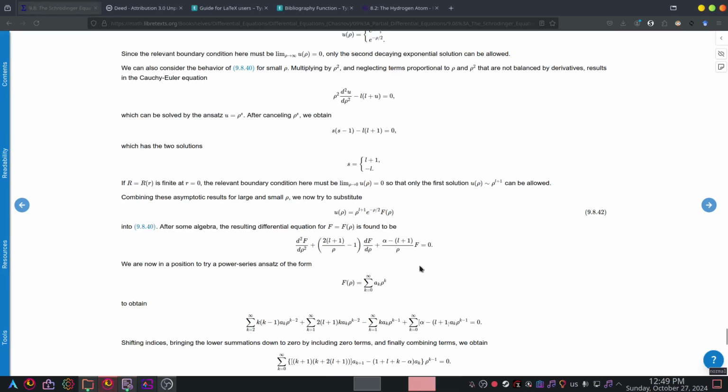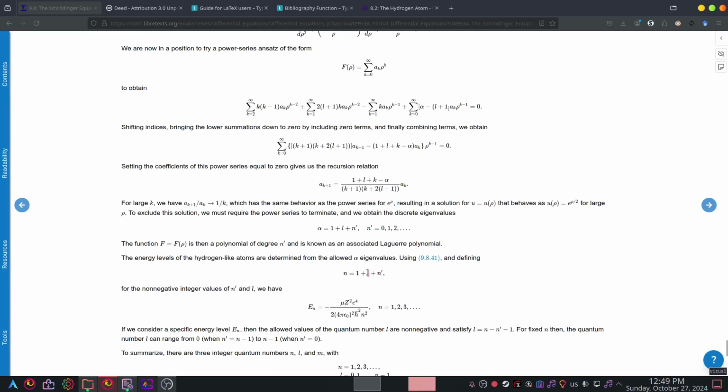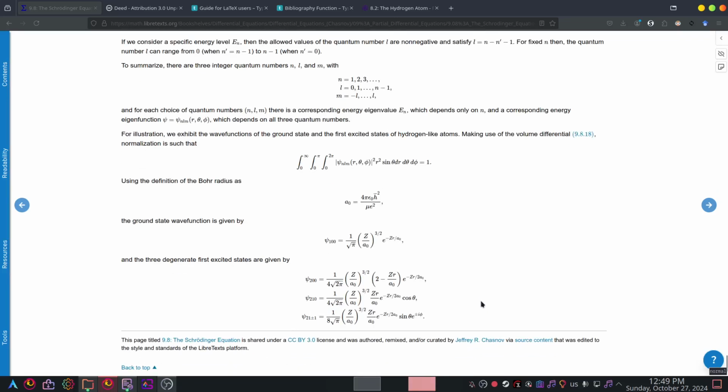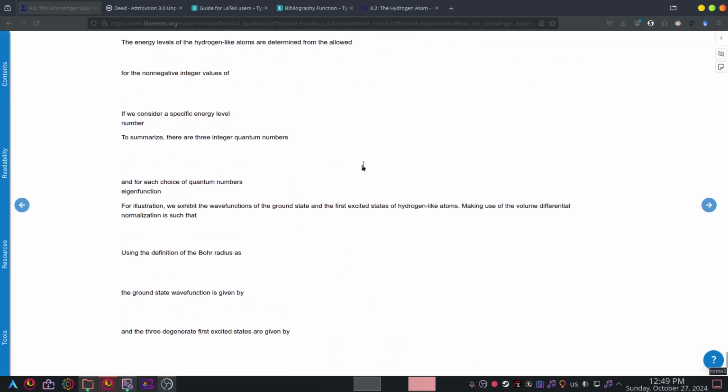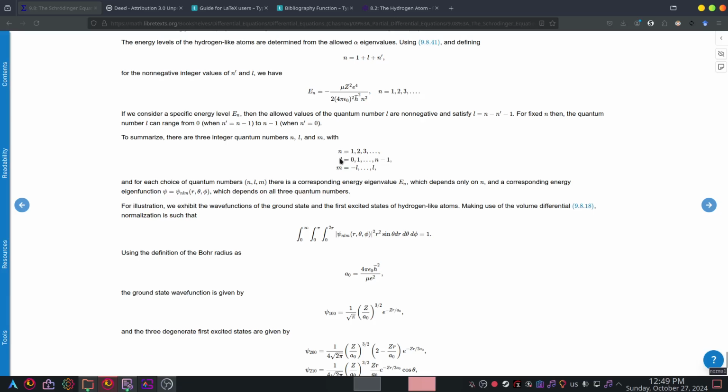If you look here, you see this L right here, I'm highlighting. Those L's are usually quantum numbers, just numbers. The L number in the spherical harmonics has to do with angular momentum.